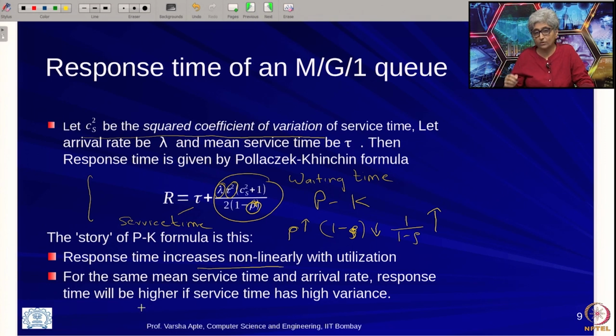Okay. So, that is basically a normalized variance, not just variance. Clearly, if the mean service time is the same, then whichever random variable has the higher variance will also have the higher coefficient of variation. So, if these quantities are higher, then response time is higher.